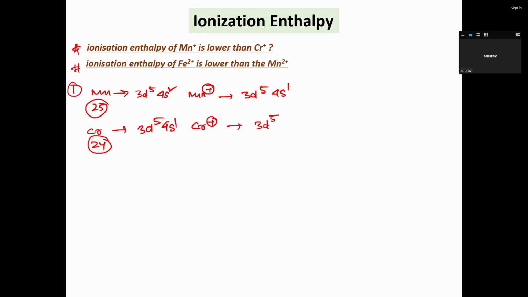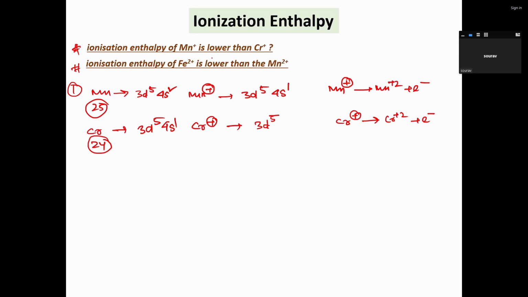Now, in this state, we want to ionize Mn+ to Mn2+, so one electron is removed. And for chromium, we remove one electron and oxidize Cr+ to Cr2+.